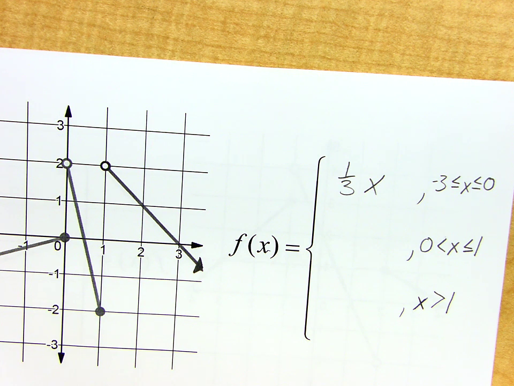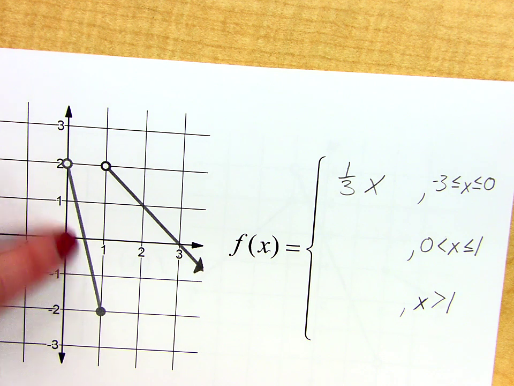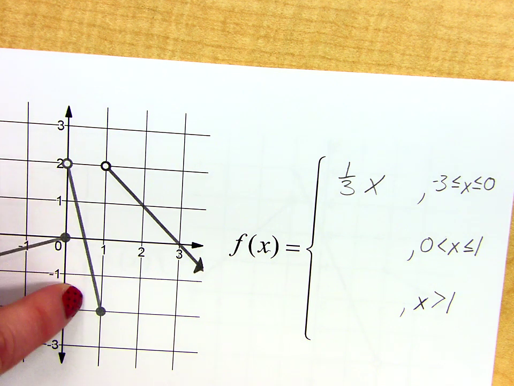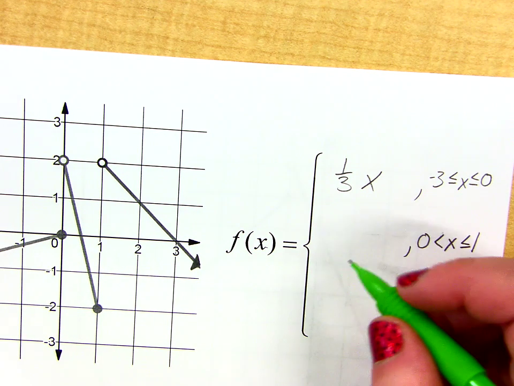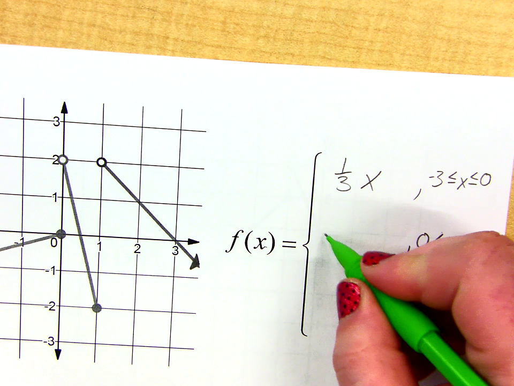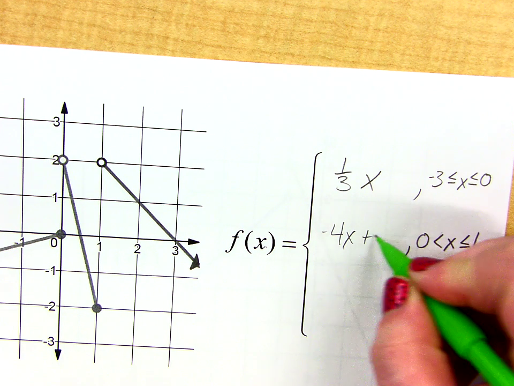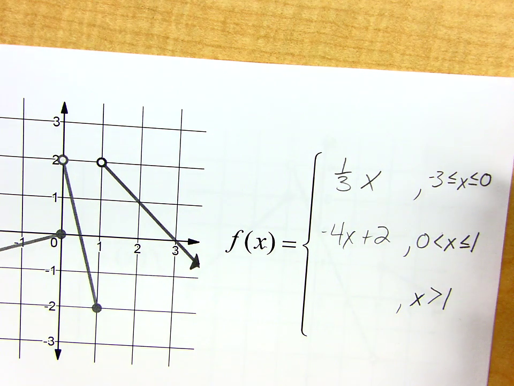See if you can come up with the equation for the second one, this guy. Okay, who's got it? Aiden, go ahead. -4x plus 2, he says. Do we all agree?